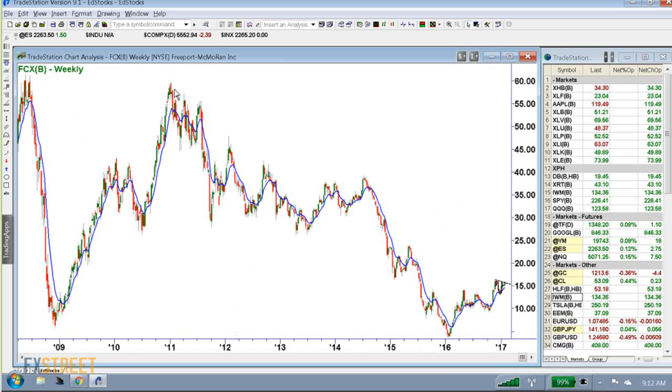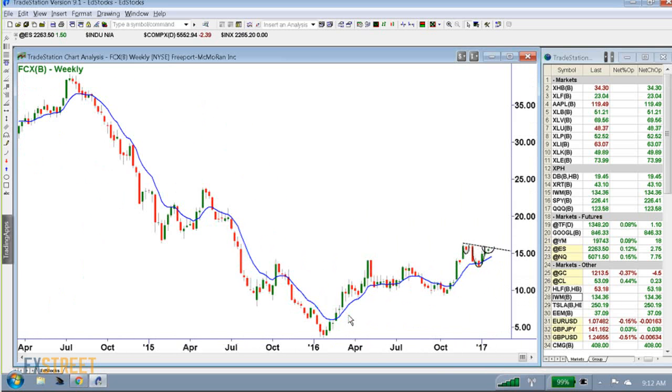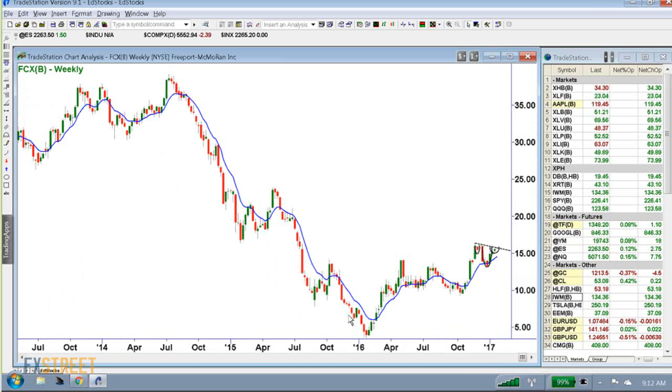This stock went from 60 to 9. What else do you see here? Now this is kind of funny if you think about it, but there is an inverted head and shoulders here. Kinda.